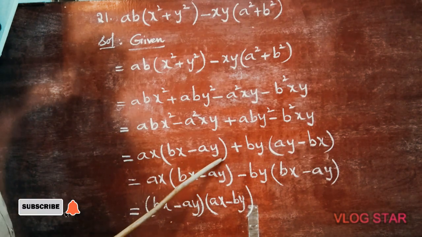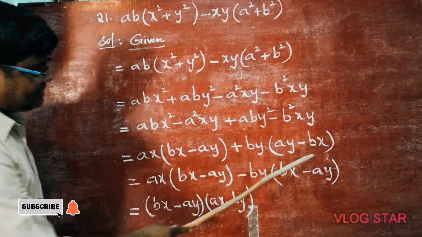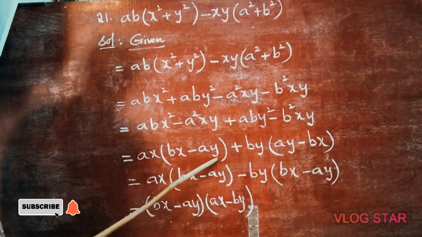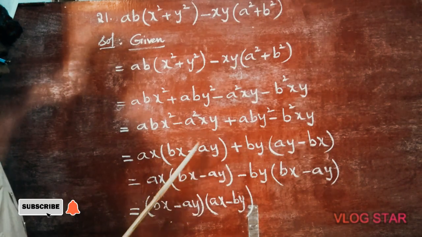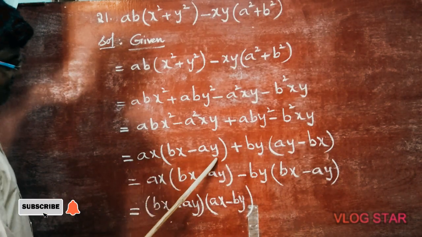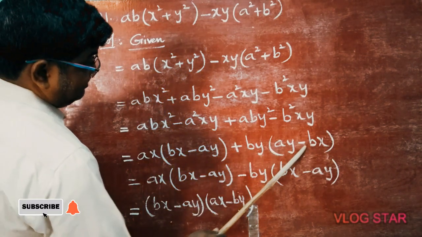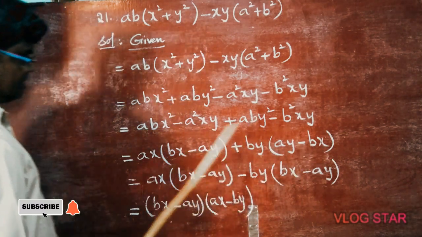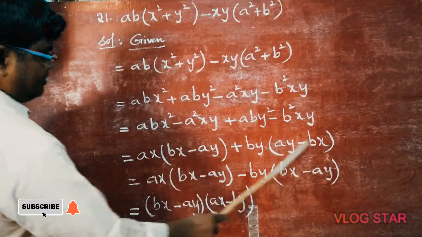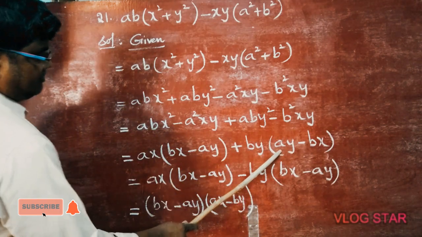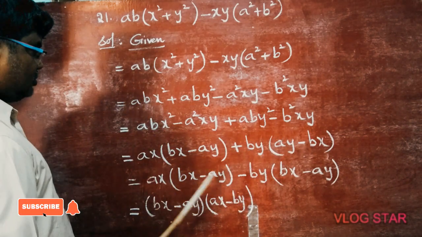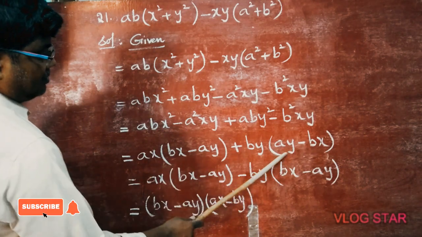Now listen carefully. Here what should come in the first bracket as it is should come in the second bracket. Did we get here? We did not get. Here bx minus ay we got. Here ay minus bx, just quite opposite. Here plus, there minus we got. Here minus, here plus we got. Quite opposite. So what to do? Change this.